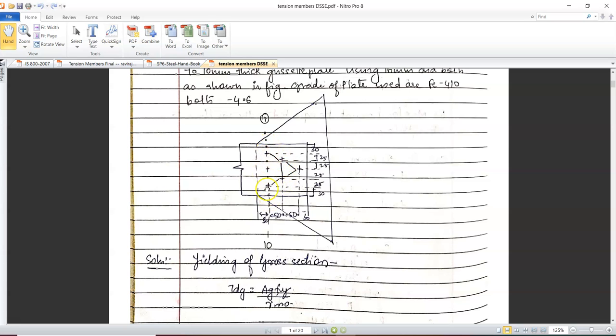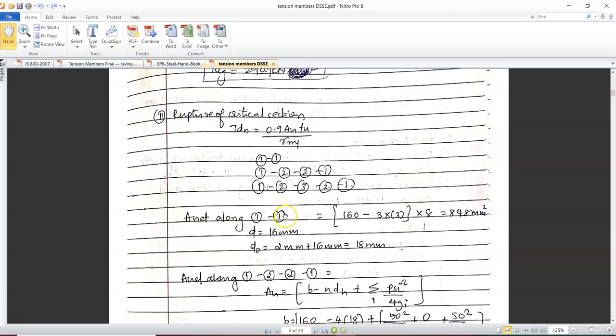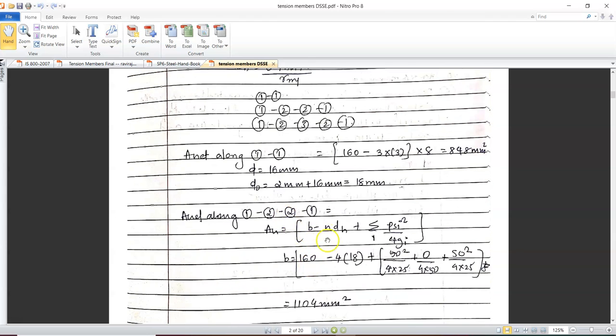Along this line, the number of bolts is 1, 2, 3, 4. As per the formula, B is 160 minus n into Dh, n will be 4, so 4 into 18, plus.